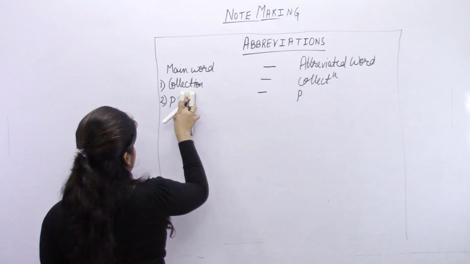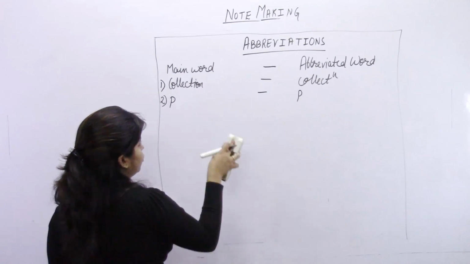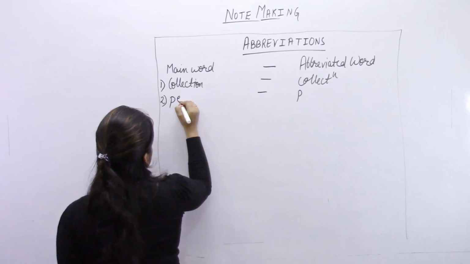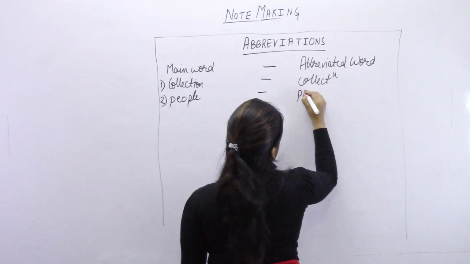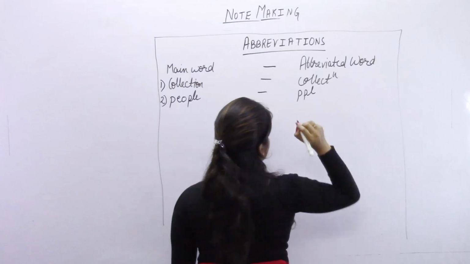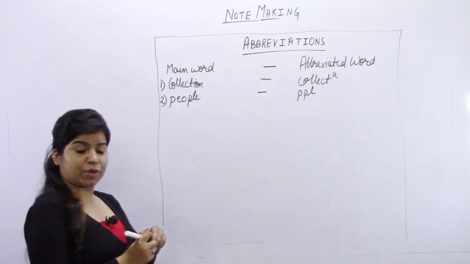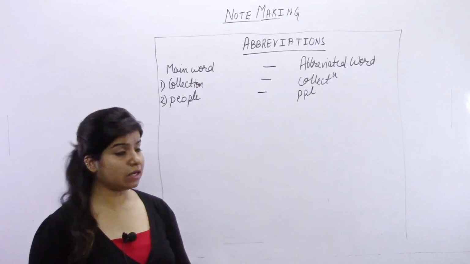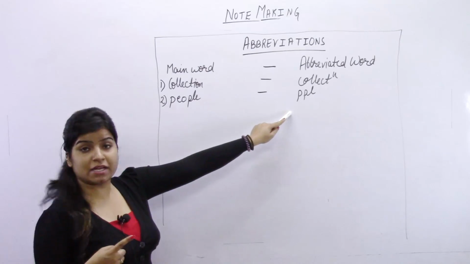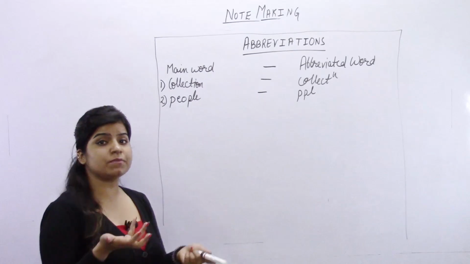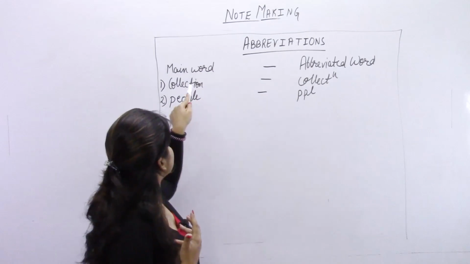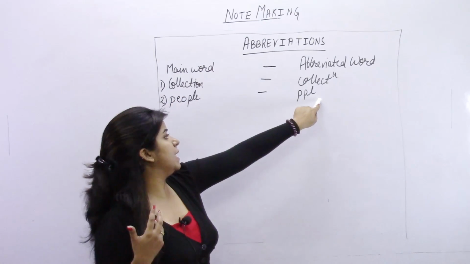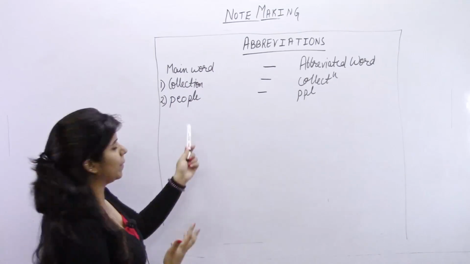Here we have to write the main word, and at the right side we have to write the abbreviated word. You can abbreviate a word by keeping in mind that the abbreviation must give a glimpse of the original word. As you could see, this word is giving a glimpse of collection, and PPL is somewhat related to people, right?